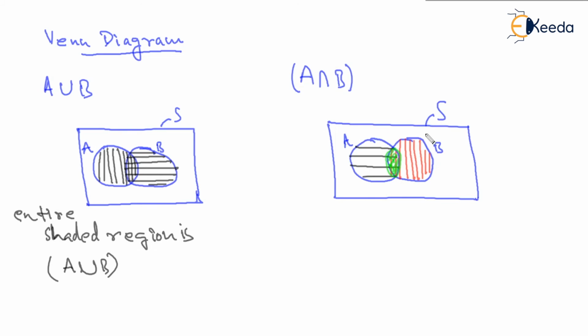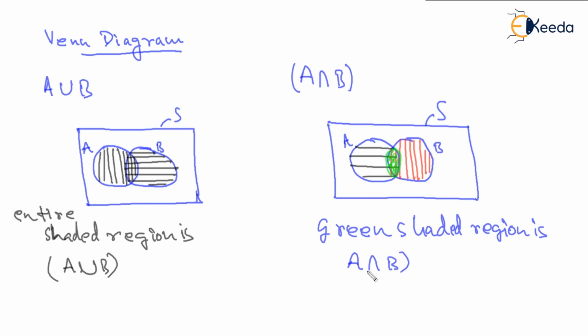This is in both A and B. Color wise, this is the green region. So this is the intersection.